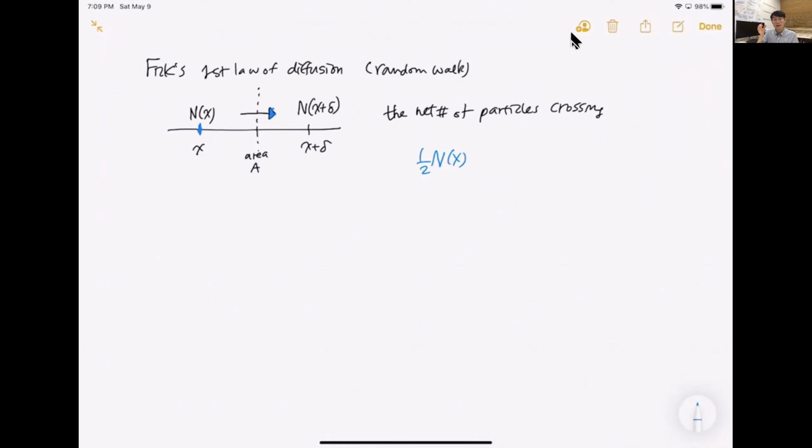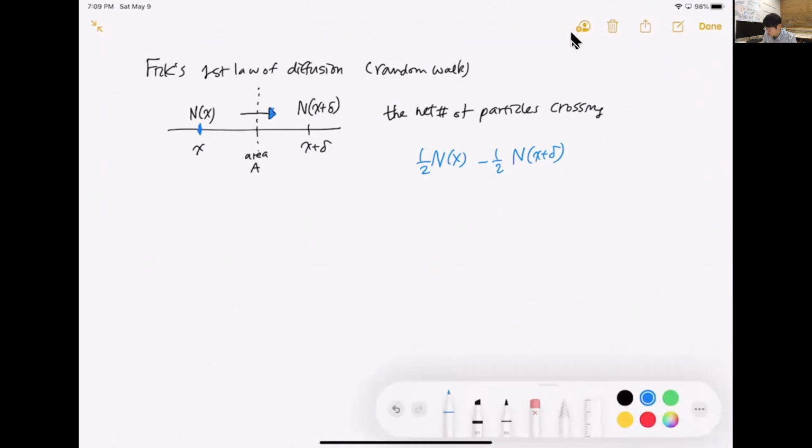Likewise, the particles at X plus delta also have equal probability of moving in the minus X or plus X direction. We are interested in the number of particles moving to the positive X direction, so if it's negative, it will pass through, but that will be half of this. So 1/2 n at X plus delta. That is the number of particles.